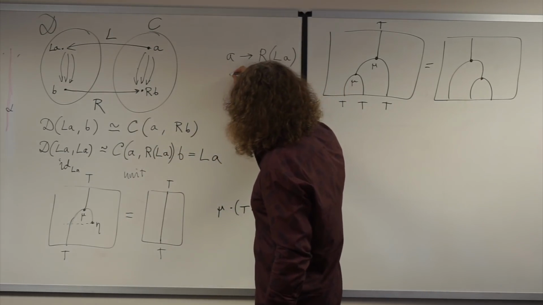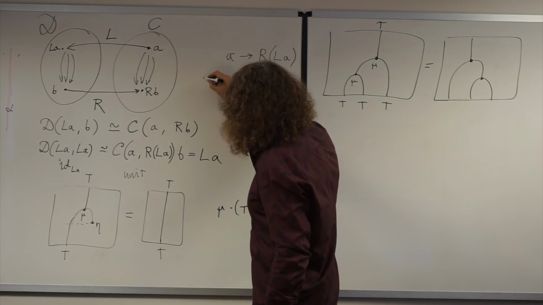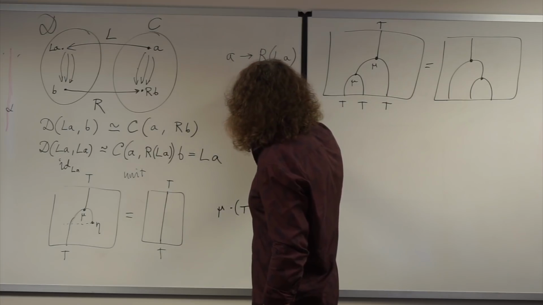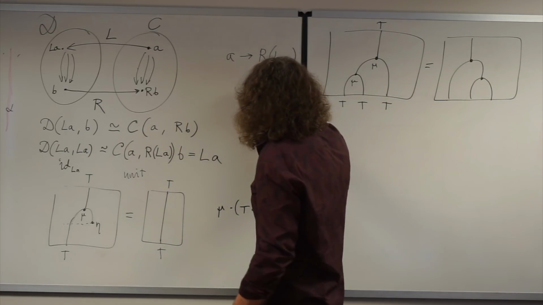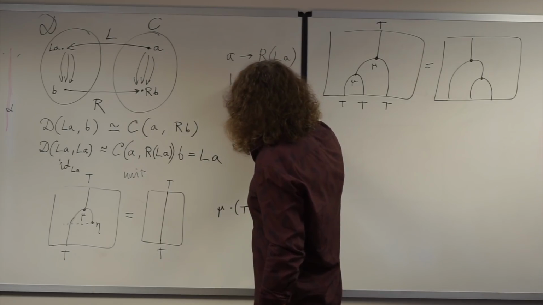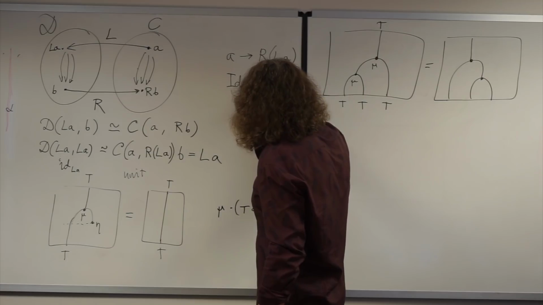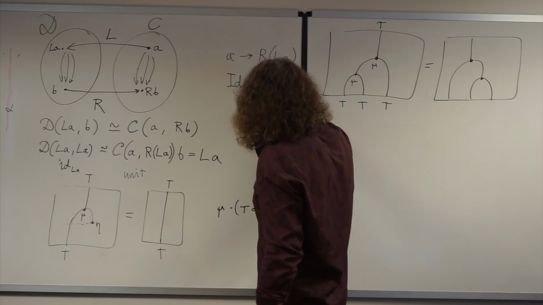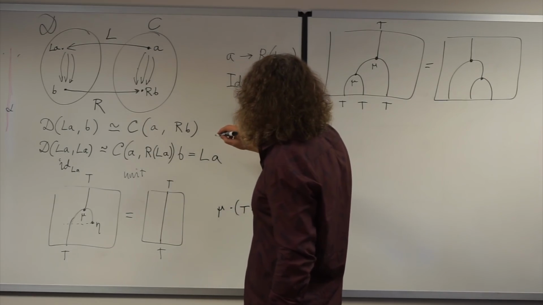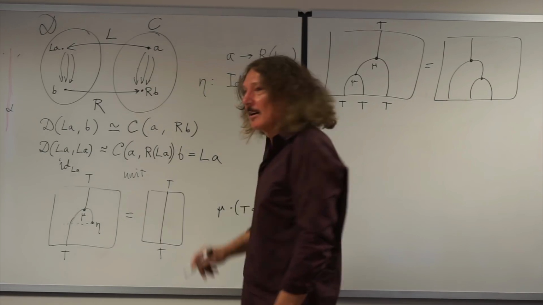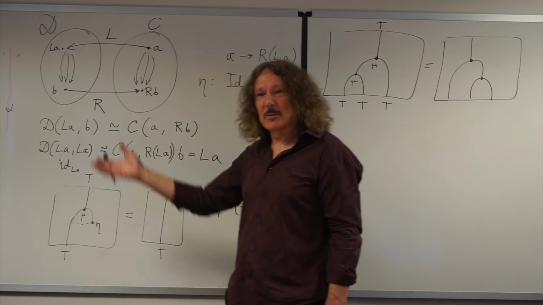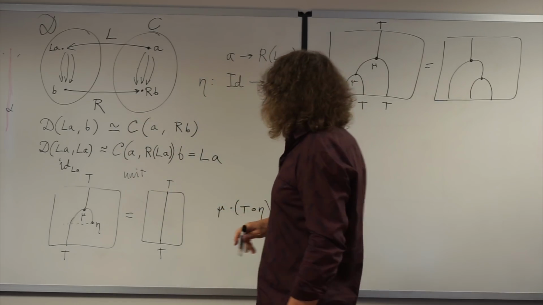And it has to be uniform in A, natural in A. So in fact it's a natural transformation, because it works for every A. I can write it as a natural transformation between the identity functor and R after L. I will call this eta, just like before I called this other thing eta.